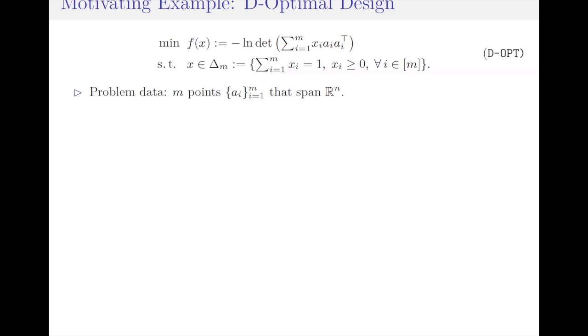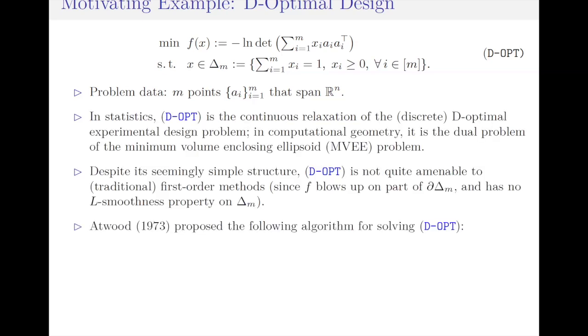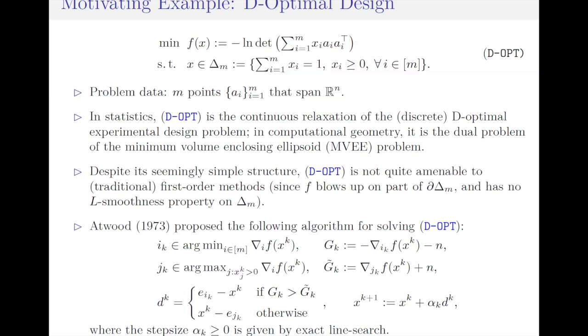Now, let me do a quick recap of the optimal design problem. We try to minimize the minus log det function. We have n points, which is the problem data, and it has applications, and so on. So what is the algorithm proposed by Atwood in 1973?